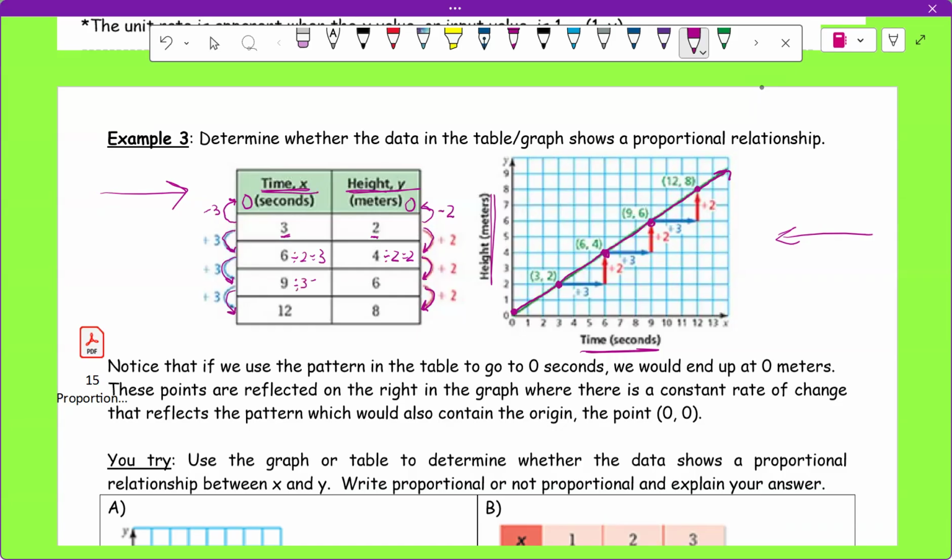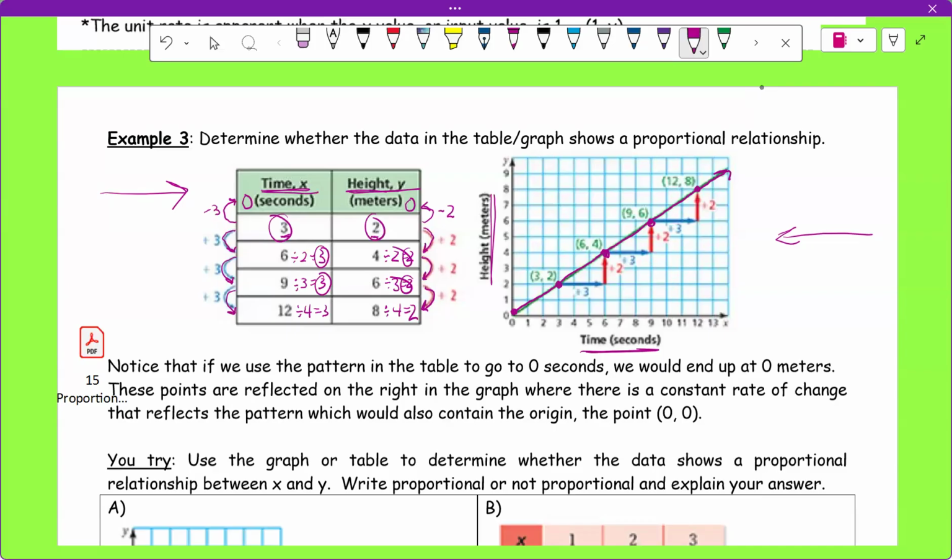Divide by 3, we get 3, divide by 2, divide by 3, we get 2. So we're at 3 to 2, 3 to 2, 3 and 2. And same thing here, we could divide by 4, and we'll end up with those equivalent ratios once again.